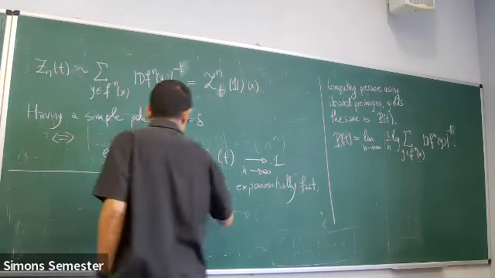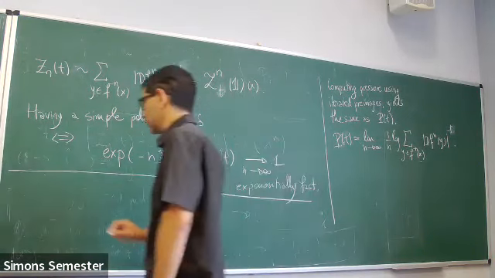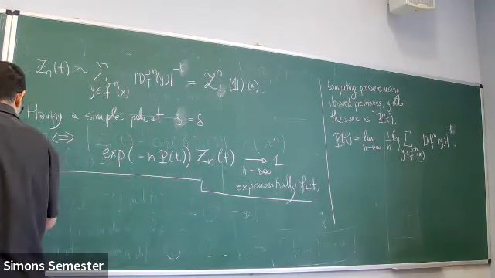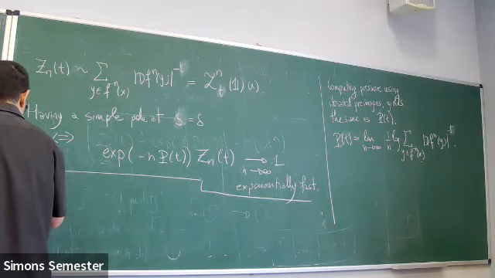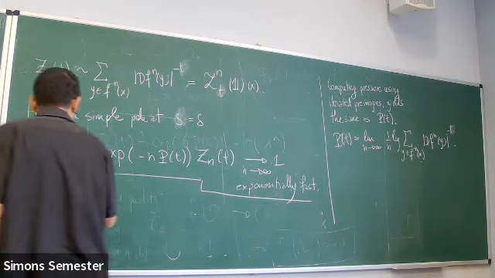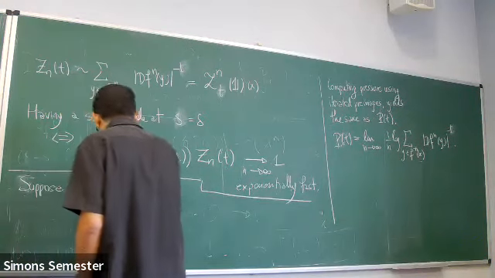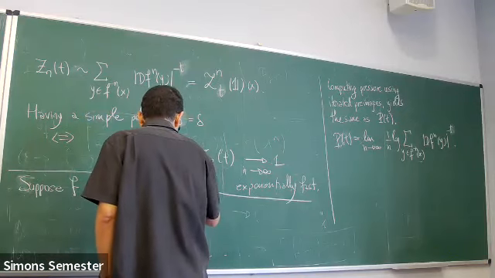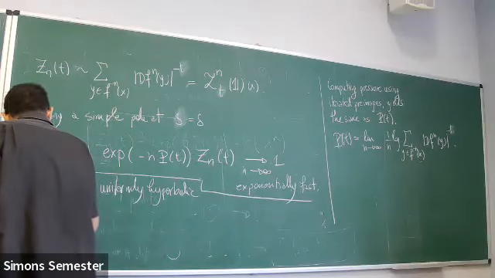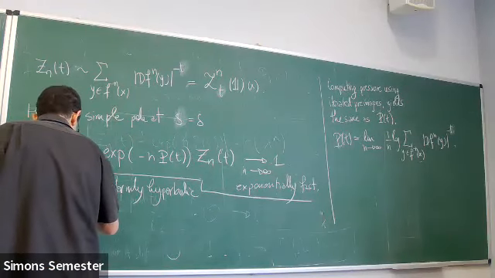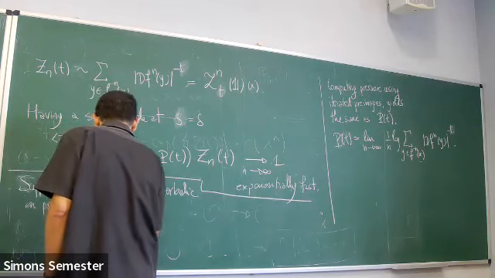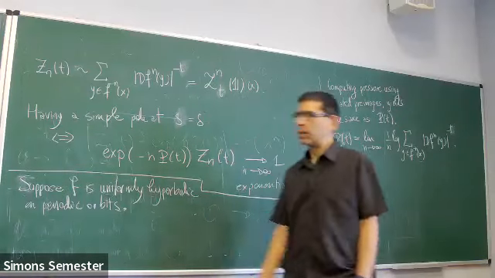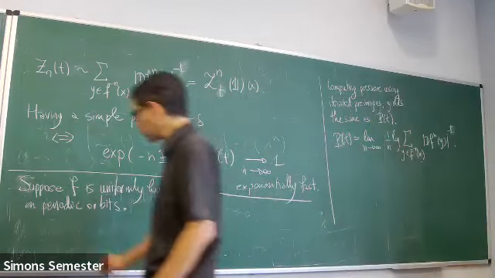So now, suppose F is a rational map. The main issue is, of course, that we may have critical points in the Julia set, right?